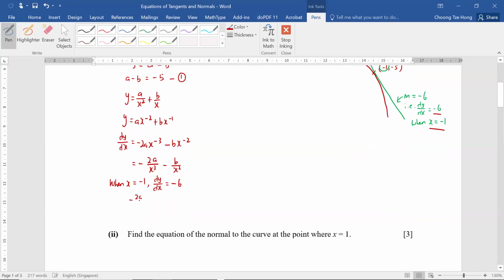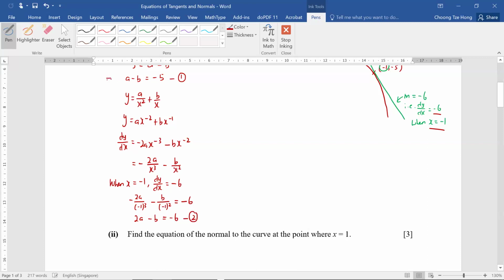So -2a over (-1) cubed minus b over (-1) squared will allow dy/dx to be -6. So over here we will get 2a. -1 cubed is -1, then negative and negative will become positive. (-1) squared will be 1, so minus b equals -6. So this will be equation 2.